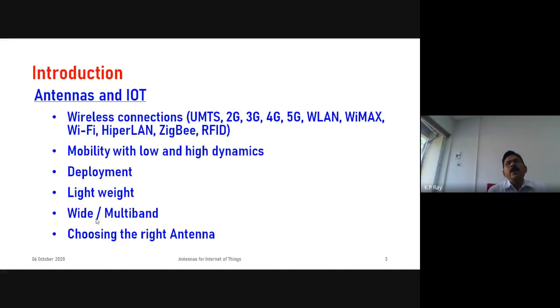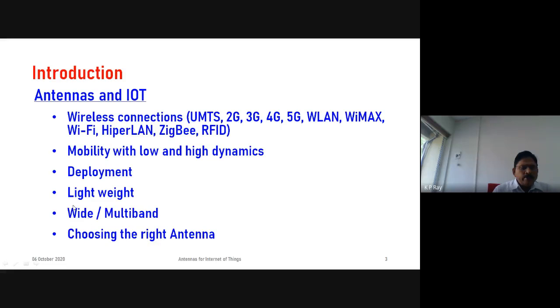Instead of using many different antennas for many different applications, which would require a large number of antennas, if you use a single antenna which has a very wide band, then that single antenna can cover most of these wireless requirements. A single antenna can work for your various mobile bands and various wireless communication bands.